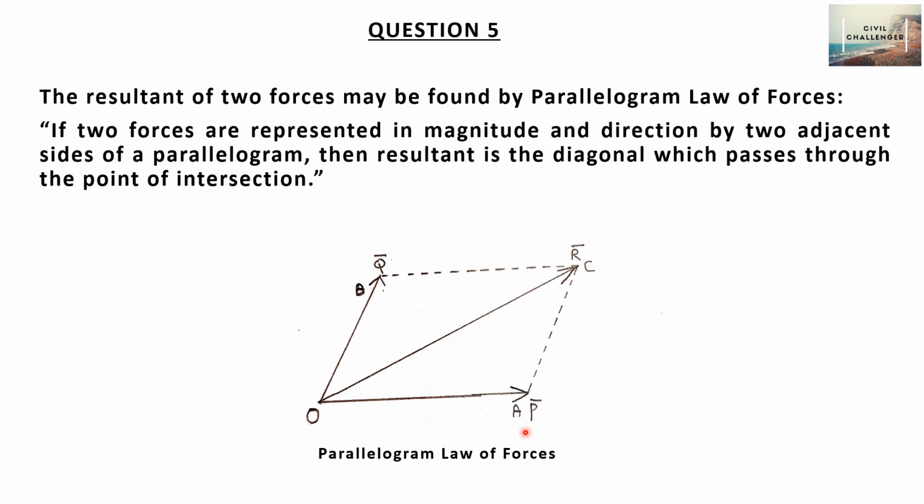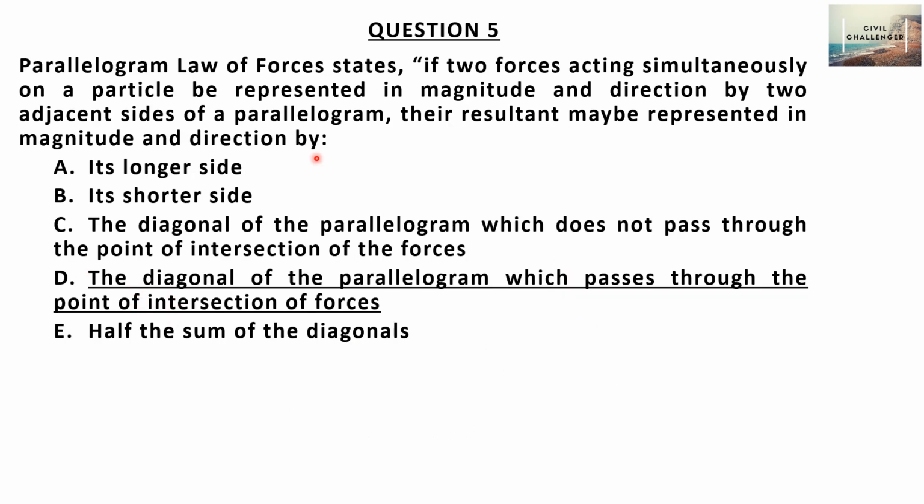So if we have two forces P and Q, then we can represent these forces as two sides of a parallelogram. In order to complete this parallelogram, we draw two lines parallel to both P and Q. Then the resultant will be the diagonal which passes through the point of intersection. So the correct answer is option D.